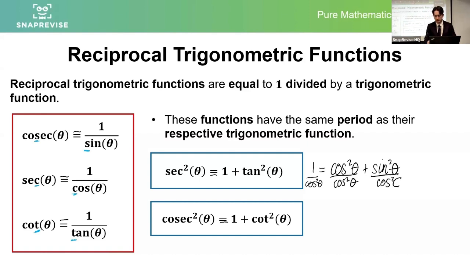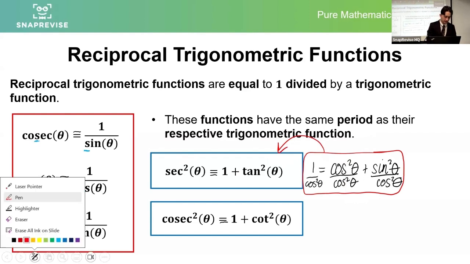it's handy to remember this derivation. That would become sec squared, that would become 1, and that would become tan squared. So if you ever forget it, because you know sine squared plus cos squared is 1, you can divide through by cos squared, and you can generate this here.